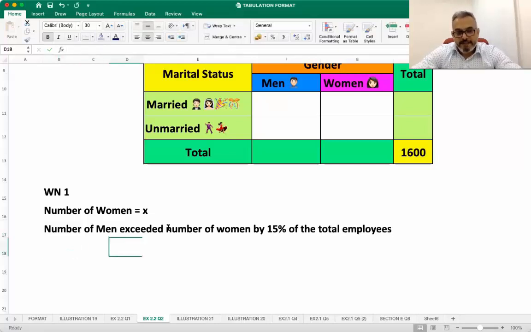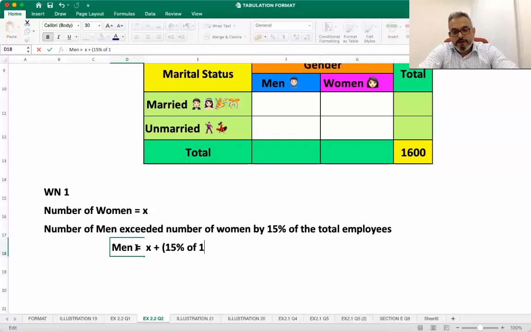So pay attention here. Men is equal to X, that is women, plus 15% of total employees, that is 1600.